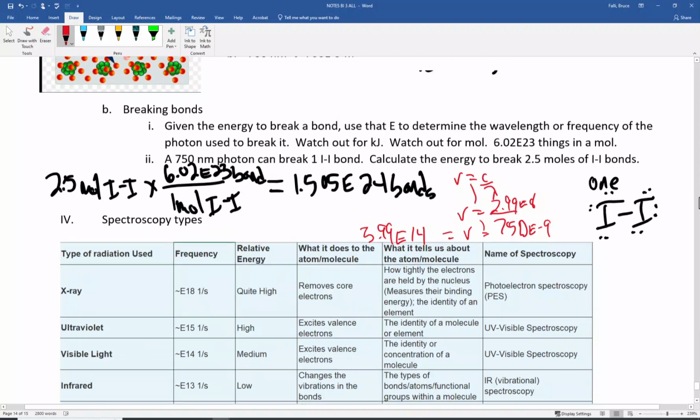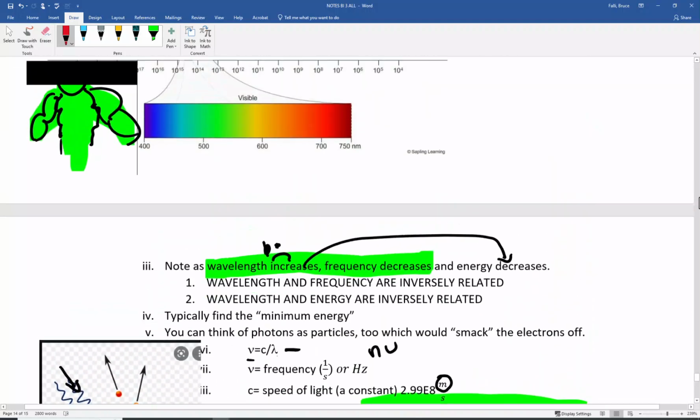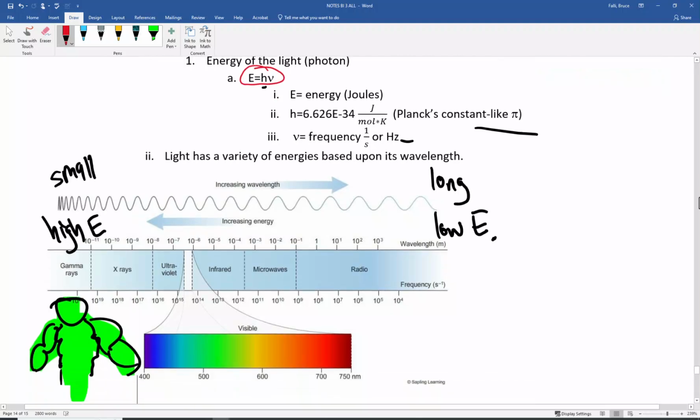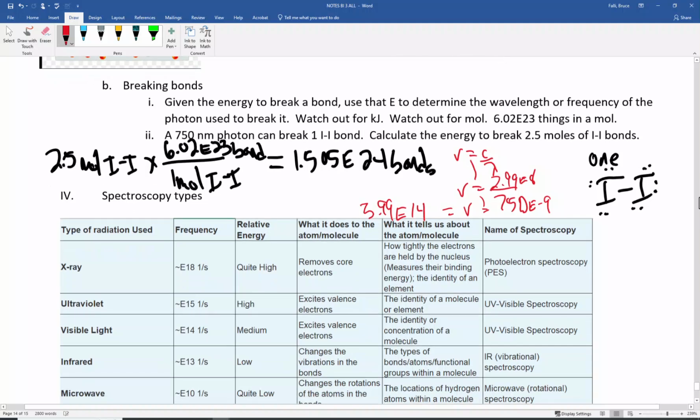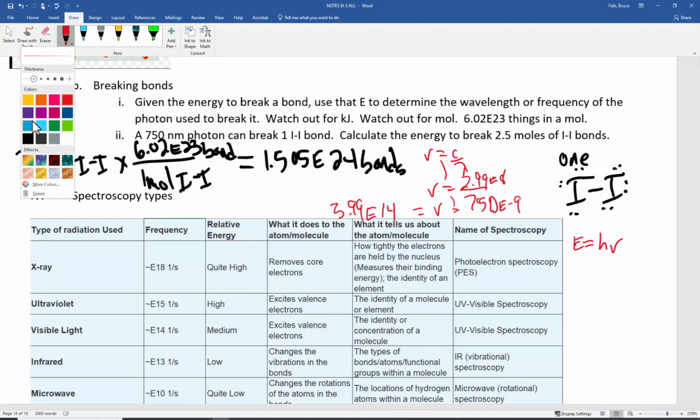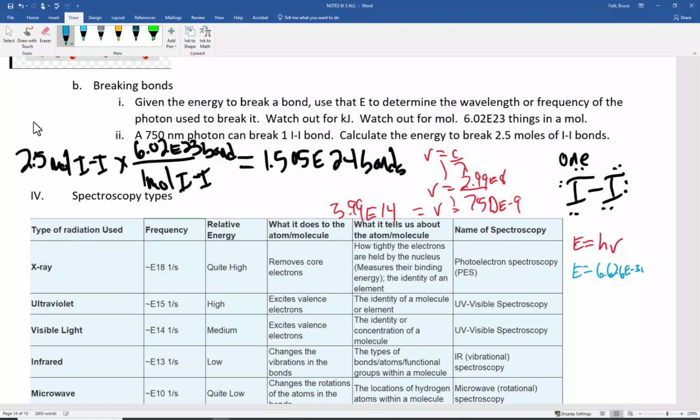But I'm trying to find energy. Oh, E equals h nu. So energy equals Planck's constant, 6.626 E-34, times nu, 3.99 E14.